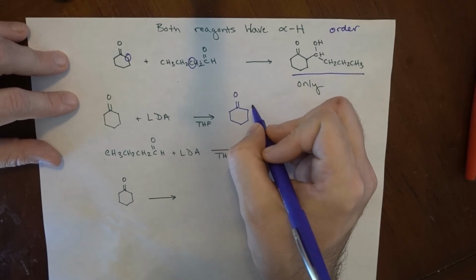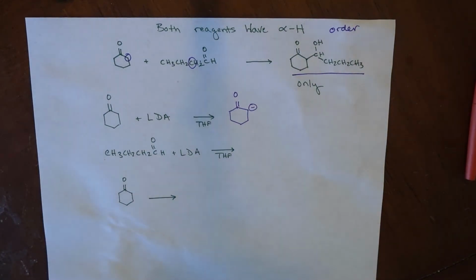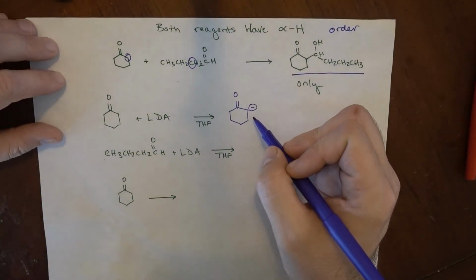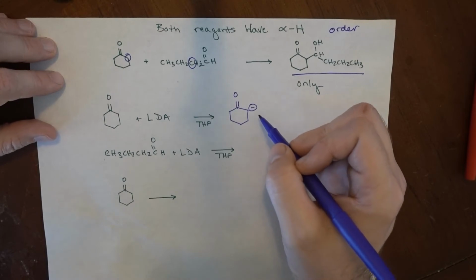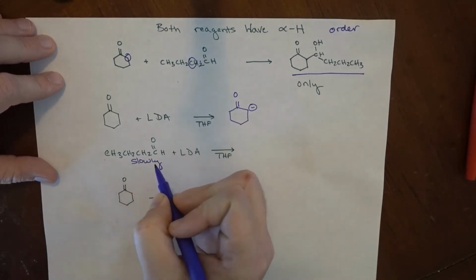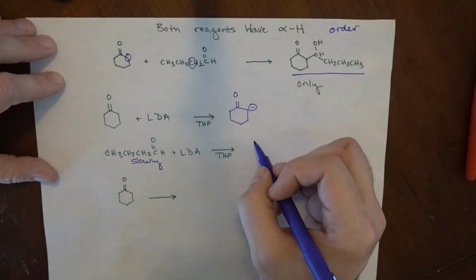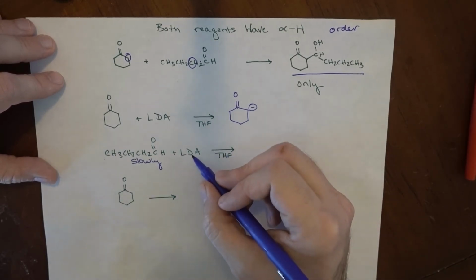that ends up making this species, and that reaction is over once this species is made. Then I can slowly add this one in the presence of THF to add this.